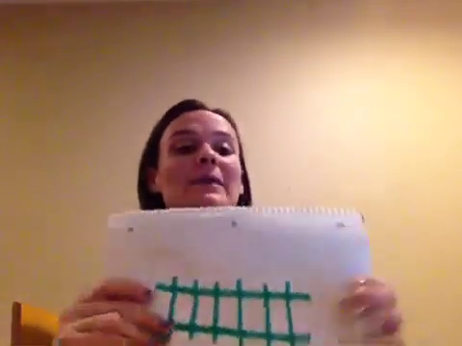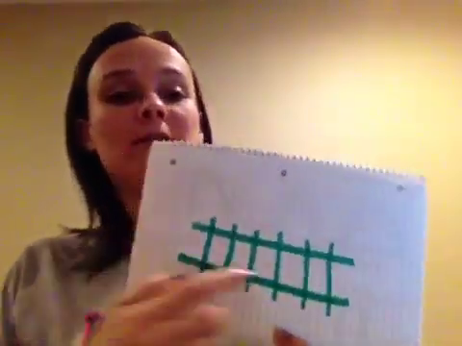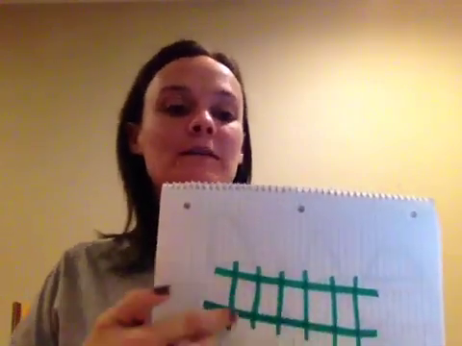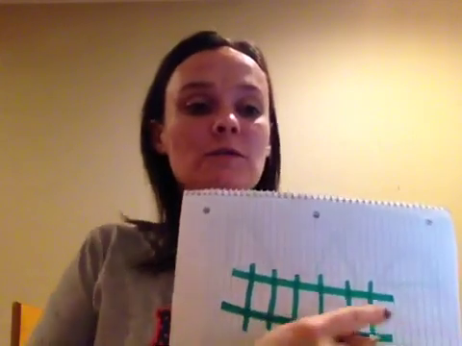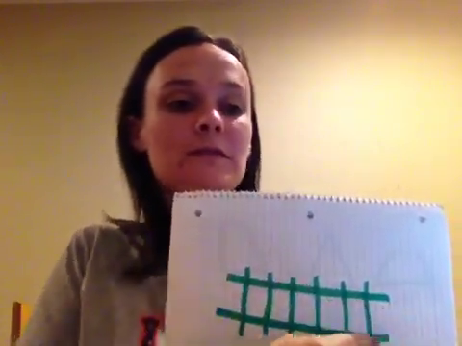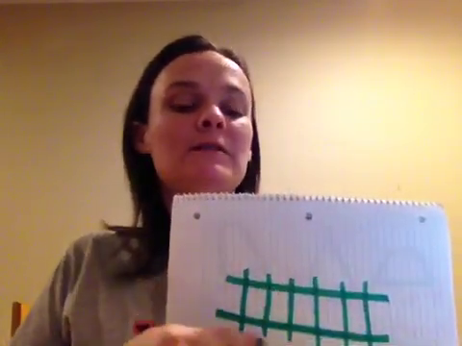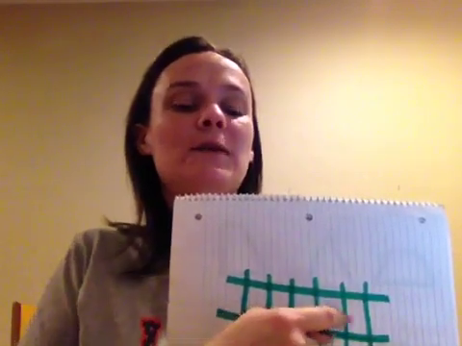You might be thinking, what does parallel mean? Well, parallel lines are like lines on a railroad track. They're lines that run next to each other but never touch. So in a railroad track, there's one set of parallel lines right here, and all of these lines are parallel as well.